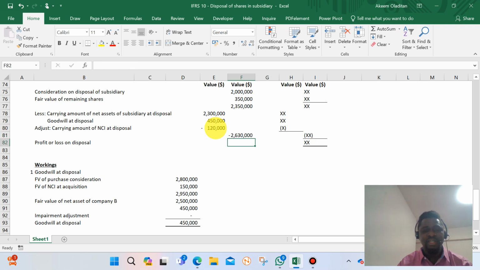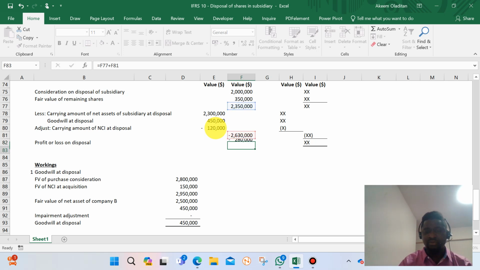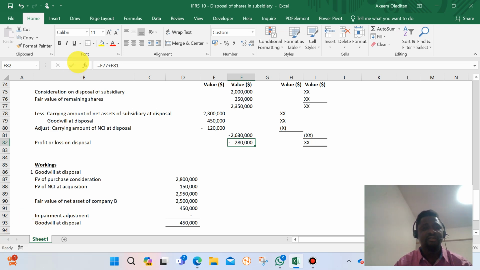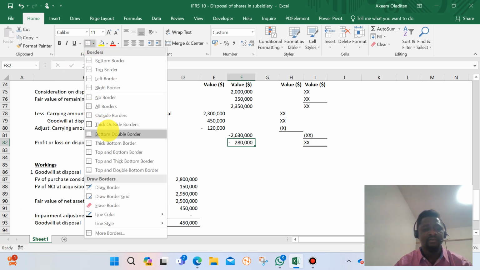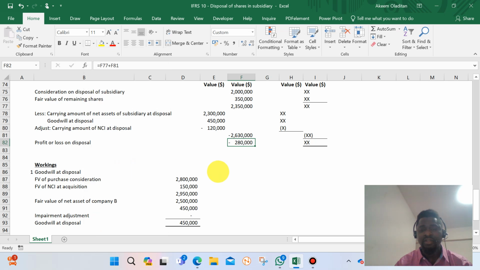So that value that we're taking out is 2.6. So is there a profit or loss? I think there's a loss on disposal of the subsidiary. So there's a loss of $280,000. So this loss is what we recognize in the books at disposal, while all the assets, liabilities, non-controlling interest, and goodwill will be derecognized in the books. Thank you.